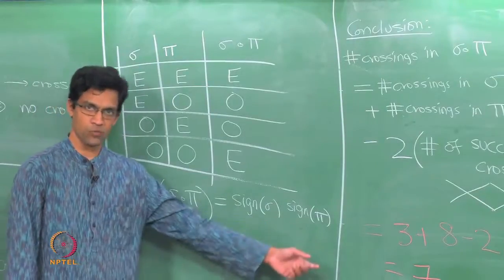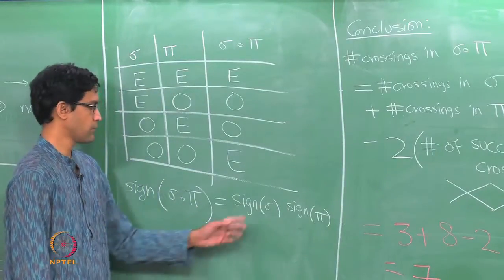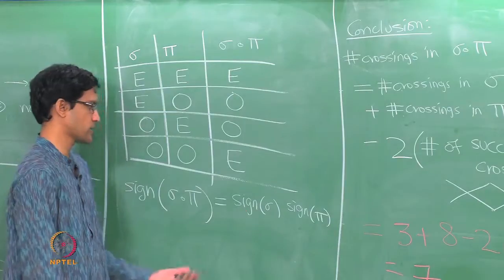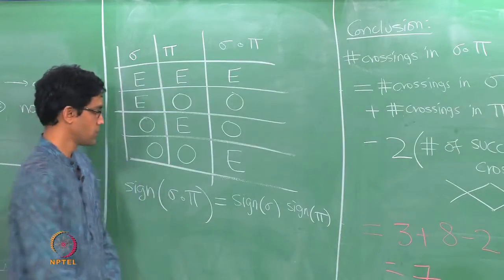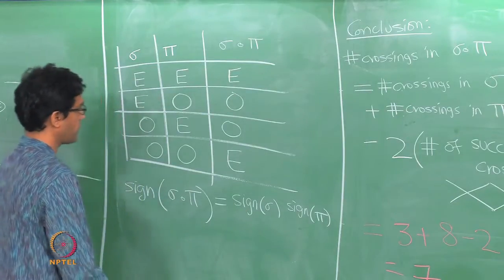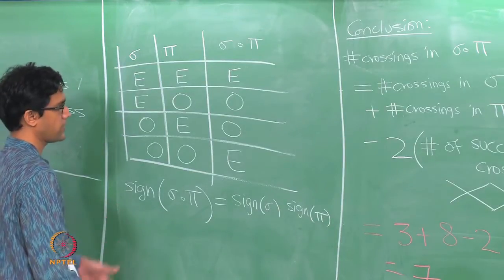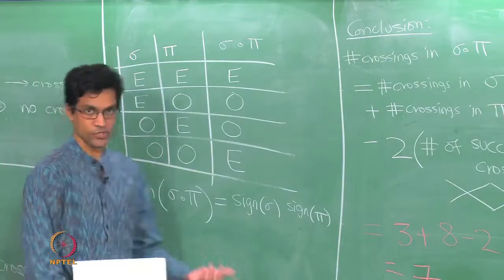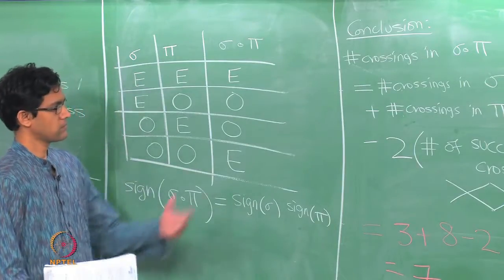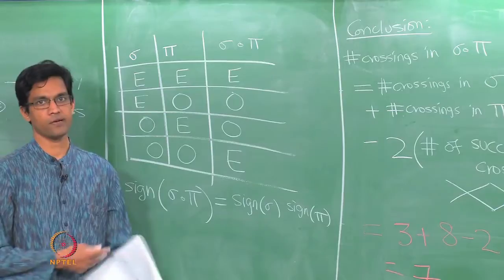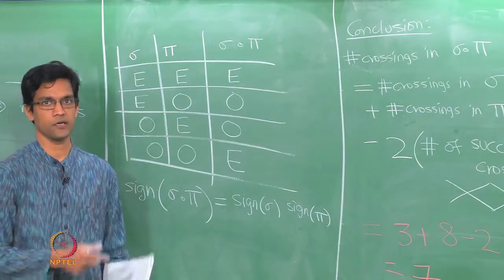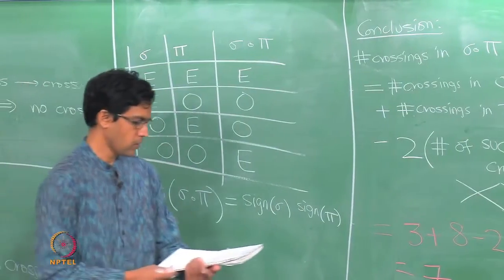If both are -1, the answer is still +1. But if one of them is plus and the other is minus, the answer is -1. This is sometimes called the multiplicativity of the sign function, and what we have done is try to understand it in terms of inversions and more pictorially in terms of these crossings in the diagram itself.